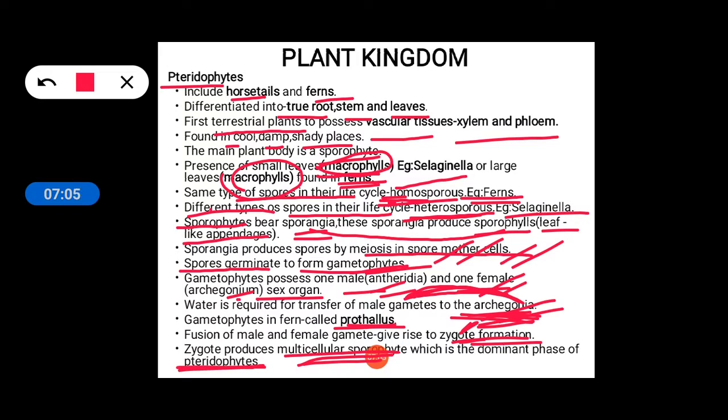We have discussed it in the previous point also. This is the point: the main plant body is sporophyte. This is written here. The zygote produces multicellular sporophyte, and this sporophyte is the dominant phase of pteridophyte. So the main plant body is a sporophyte as it is there in dominant form. Okay, let us go to the next slide then.